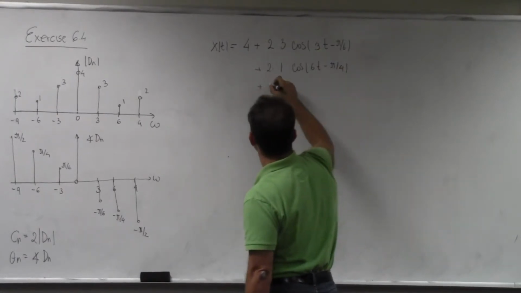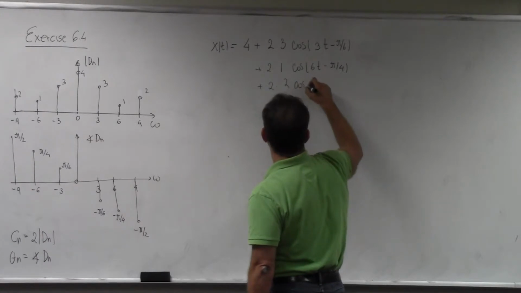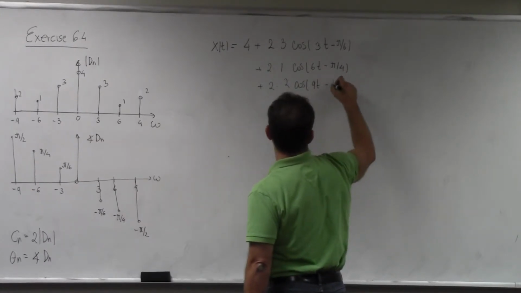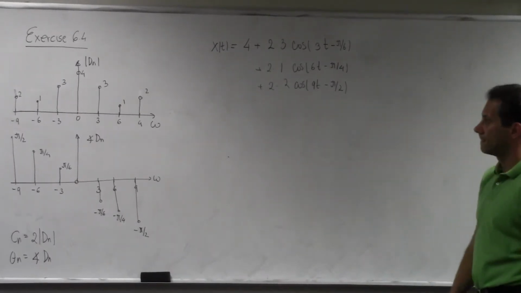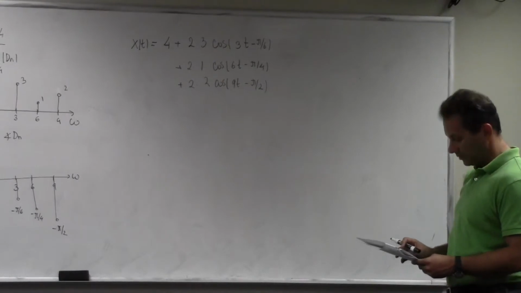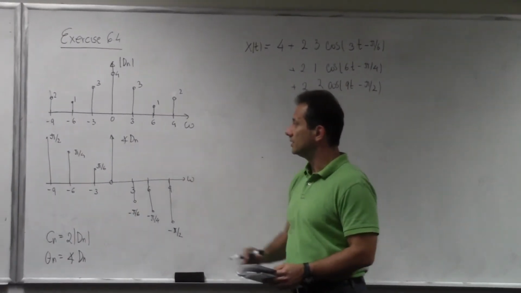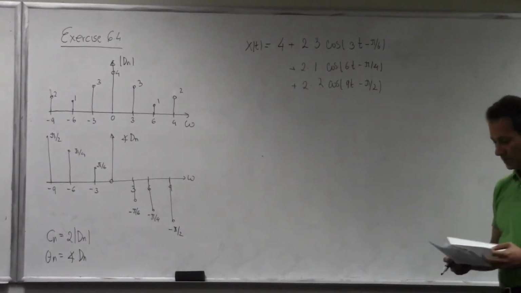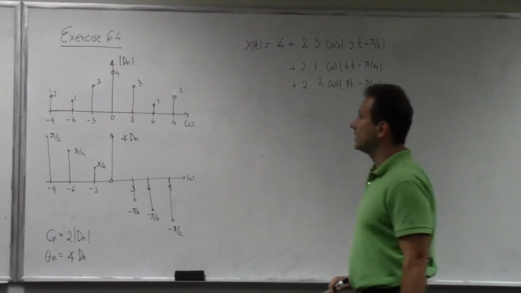And then the third one, plus 2 times 2 cosine of 9t minus pi over 2. So that's the trigonometric form associated with the double-sided spectrum. So nothing really special. All right, so that's as far as the spectrum is concerned.